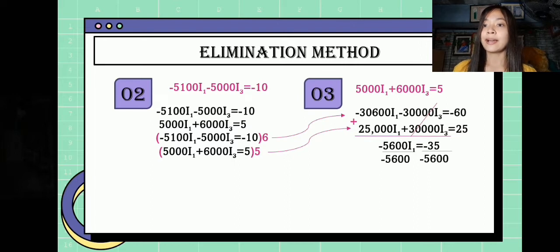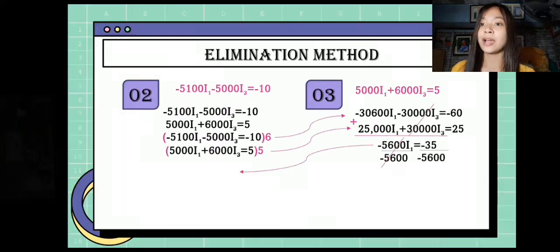Therefore, the negative 5,600 on the left side will be cancelled and the only thing left is I1 is equal to negative 35 divided by negative 5,600. So the answer we got is I1 is equal to 0.00625.